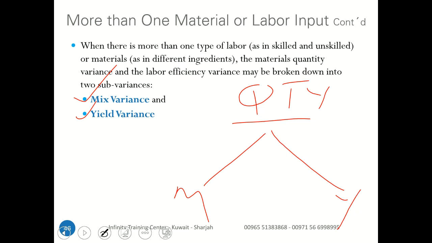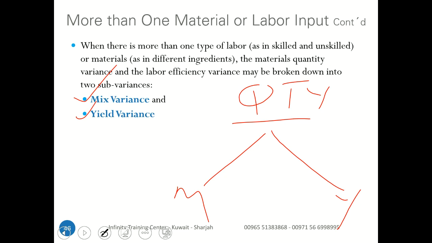To investigate further, here we can find out how much of the difference occurred because you used a different mix. Then how much of the variance occurred because you used more raw materials.